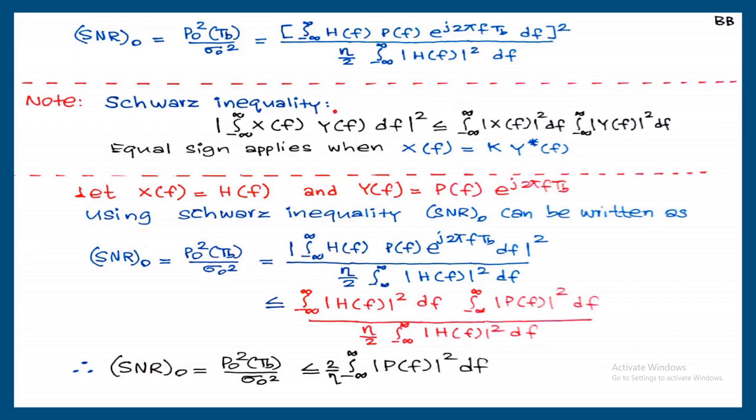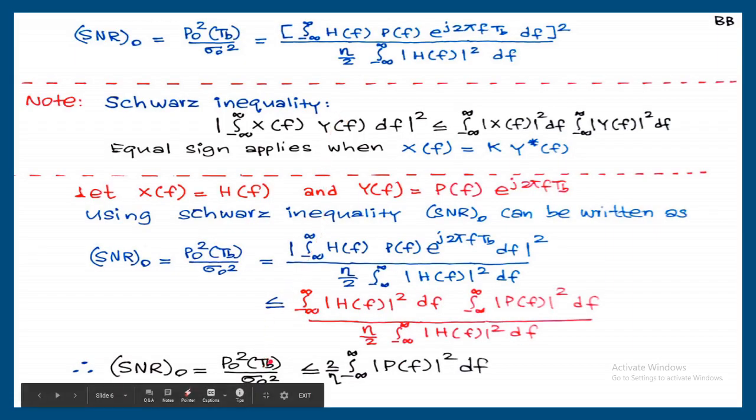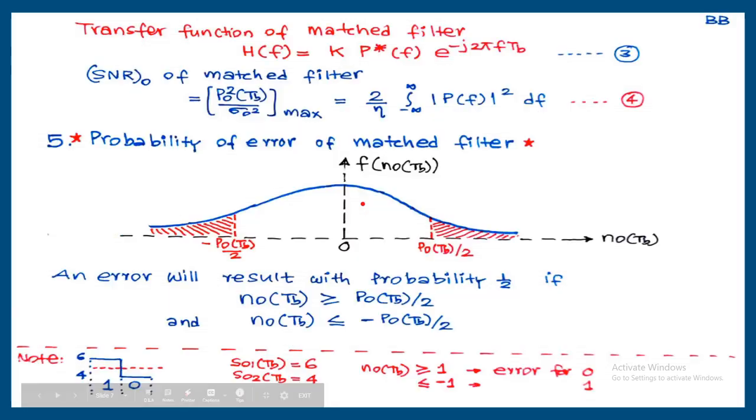The reason is here. P0 square Tb upon sigma 0 square is less than or equal to this quantity. So what is the maximum value of this? Once the sign is equal sign. That is why, with the help of that equal sign, I am using maximum here. So P0 square Tb upon sigma 0 square max is equal to 2 by eta times the integral from minus infinity to plus infinity of modulus P(f) square df. This is the SNR output of matched filter.